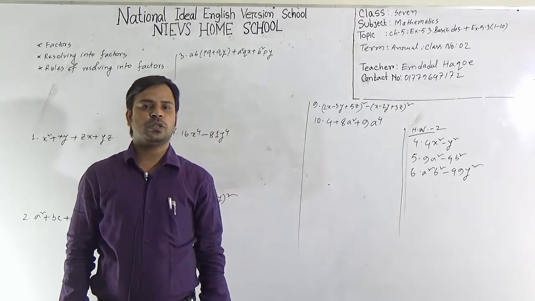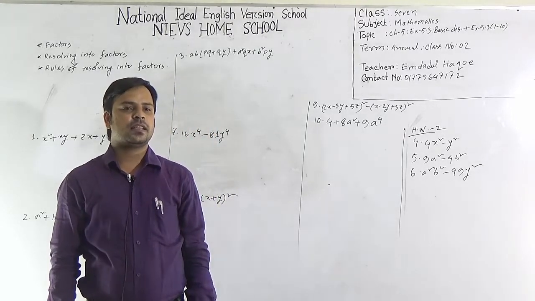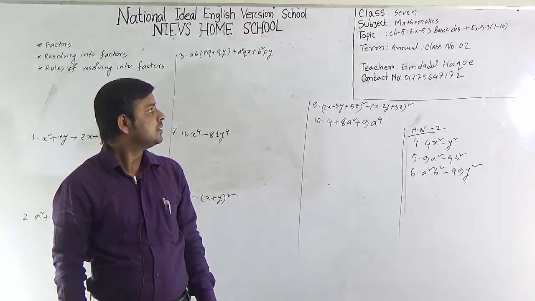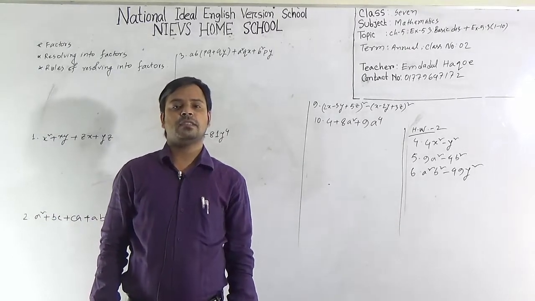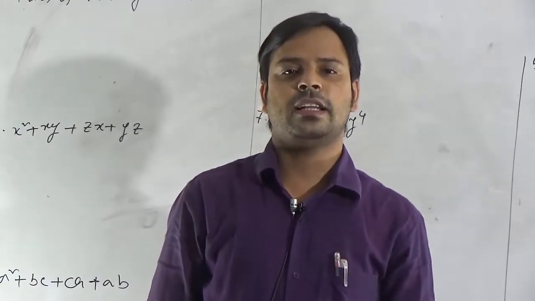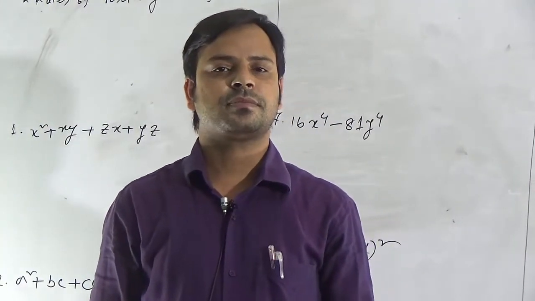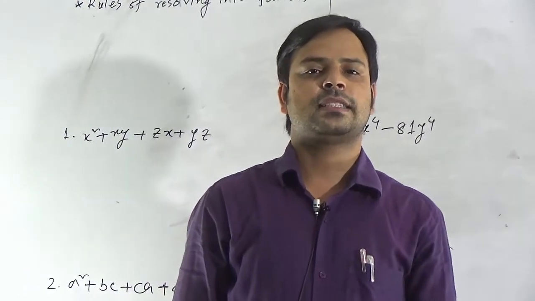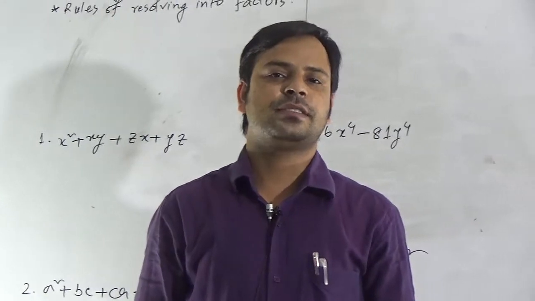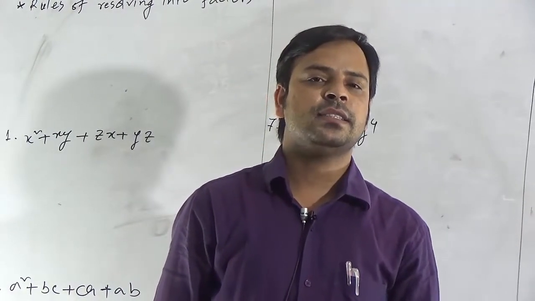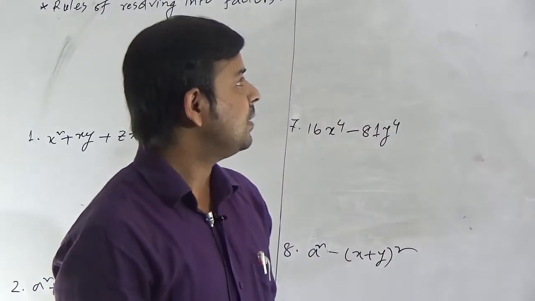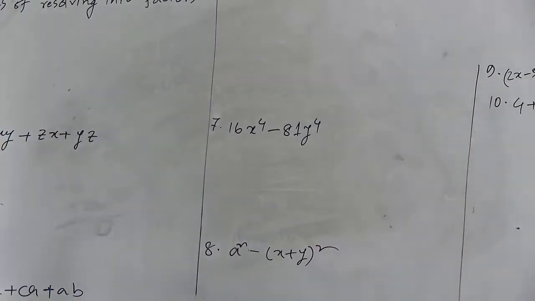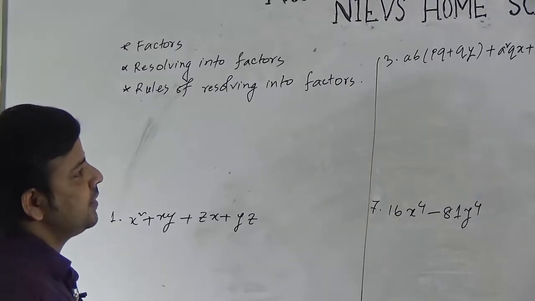Today I am going to take a math class of class 7. This is the second math class of annual examination. Our today's topic is chapter 5, exercise 5.3: resolve into factors.